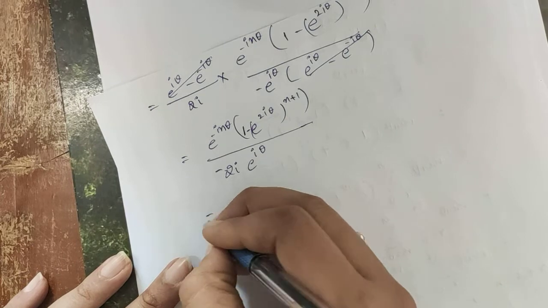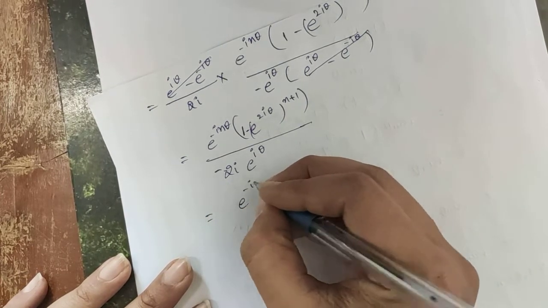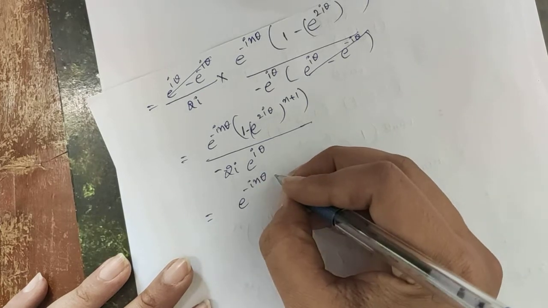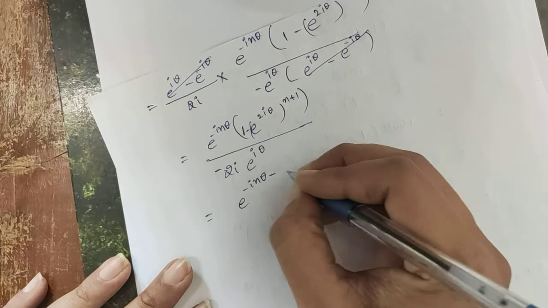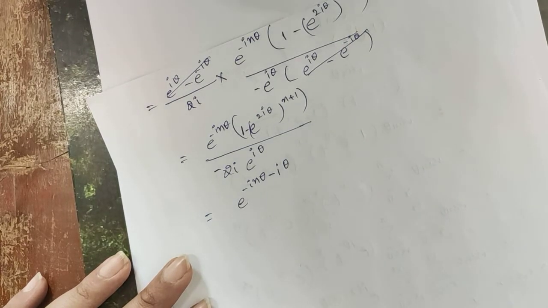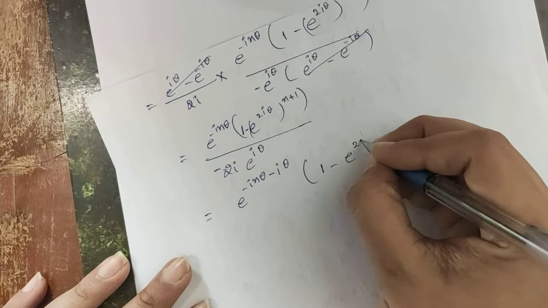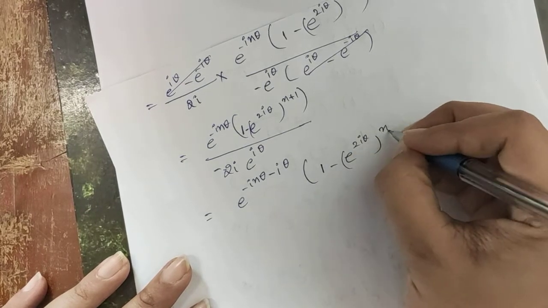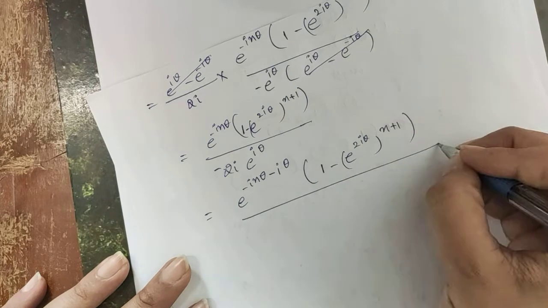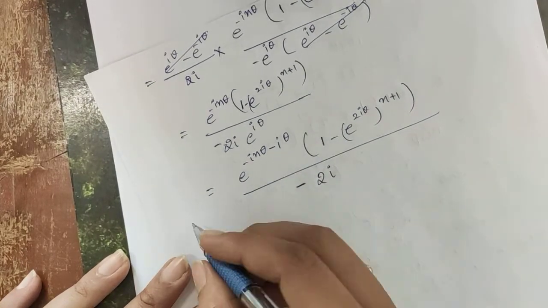So now this will be equal to e power minus i n theta, minus i theta, into (1 minus e power 2 i theta) whole power n plus 1 divided by minus 2i, right?